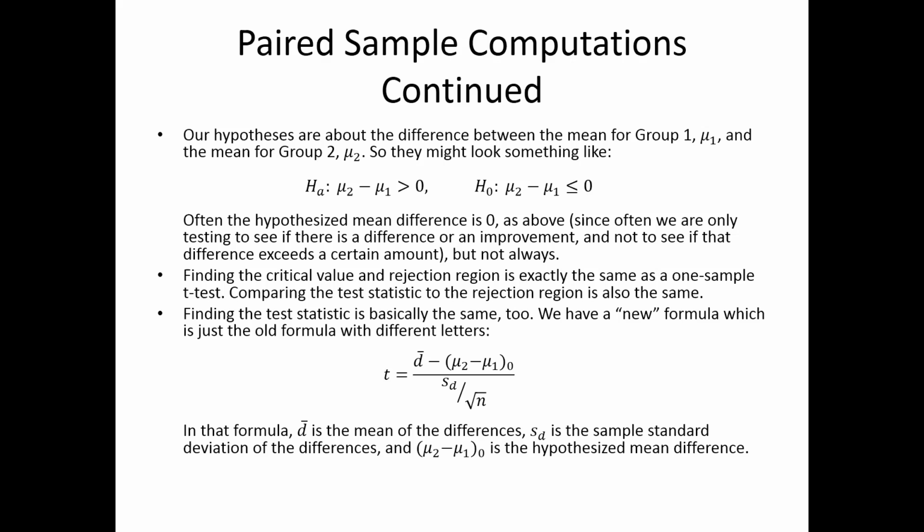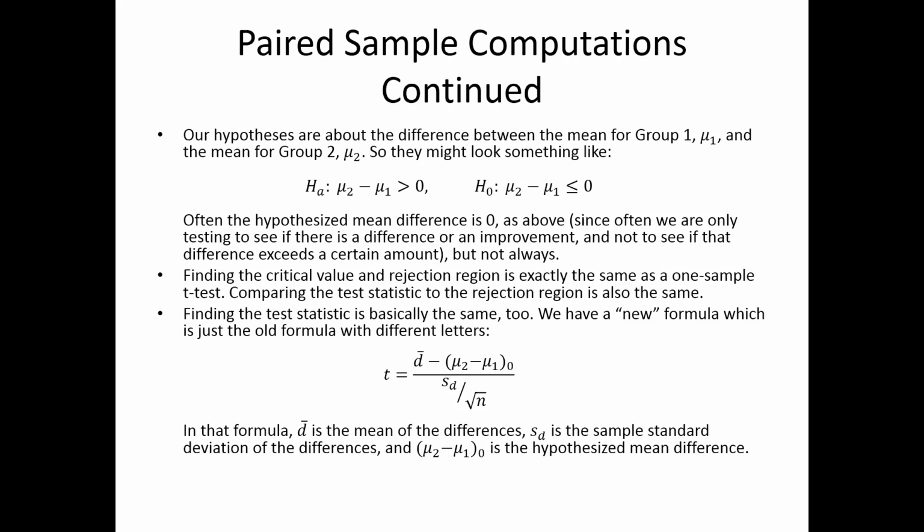One thing to note is that with these paired samples, we're always doing a t-test. I've never seen a paired samples z-test. It's hard to imagine a situation where you would know the population standard deviation of the differences between the two groups, but you wouldn't know the population mean difference.